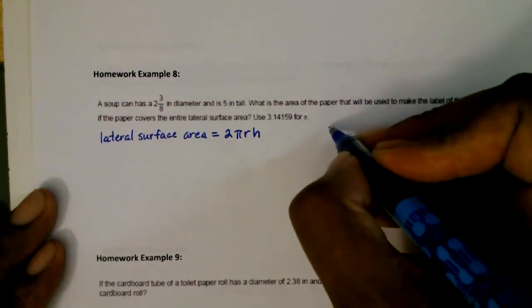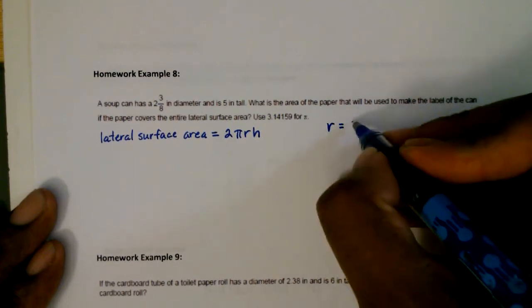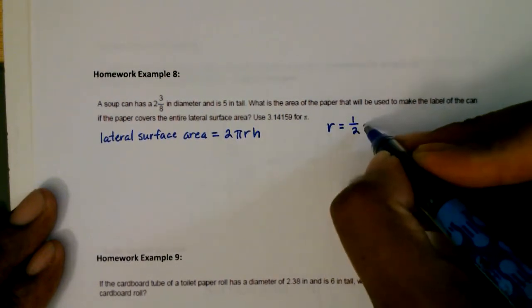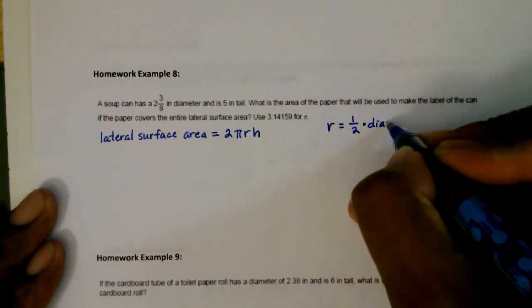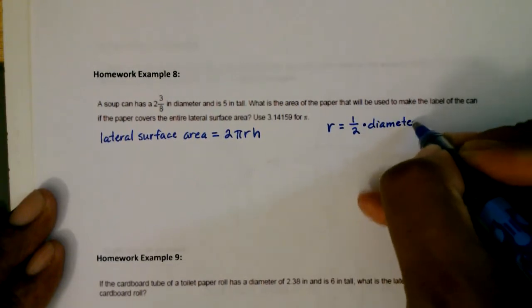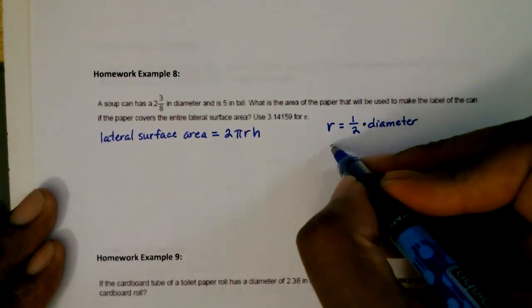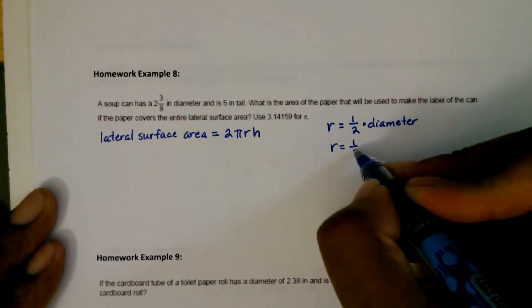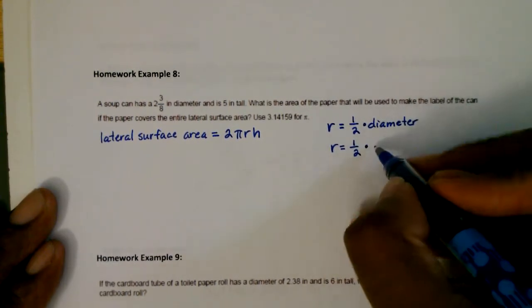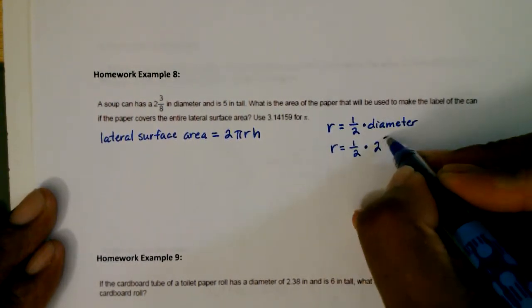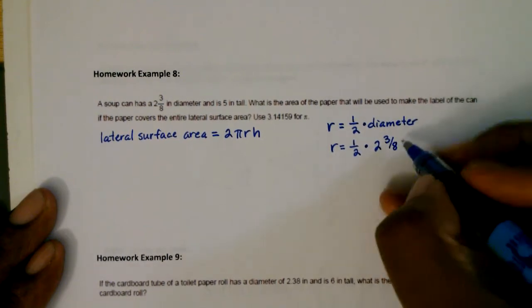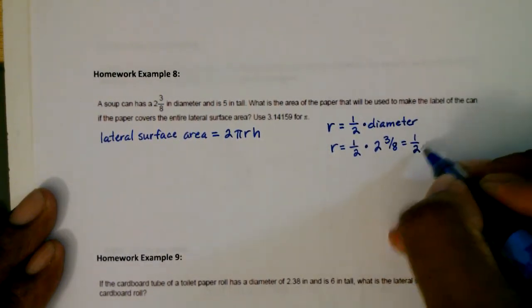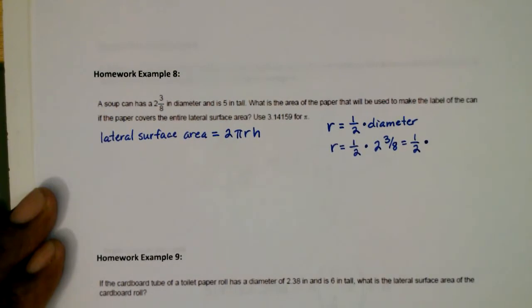Now we're given a diameter of 2 3/8 inches. The radius is always 1/2 the diameter, so I need to take 1/2 of 2 3/8. But I'm going to change that 2 3/8 to a decimal.